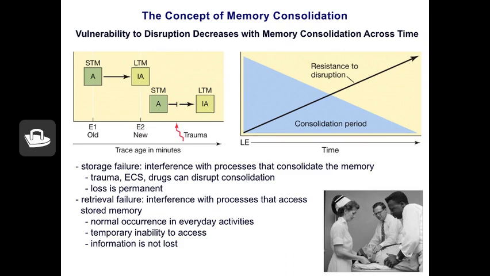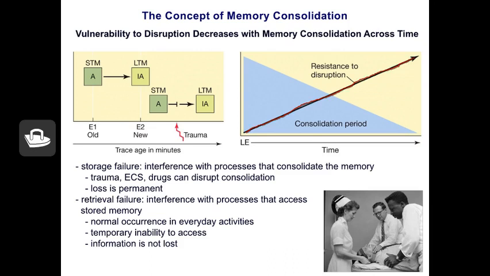In fact, a core feature of consolidation is the transfer of memory from the labile form to a stable form. The chart on the upper right depicts that as the uninterrupted consolidation period progresses, the stability of the memory, or its resistance to disruption, increases.